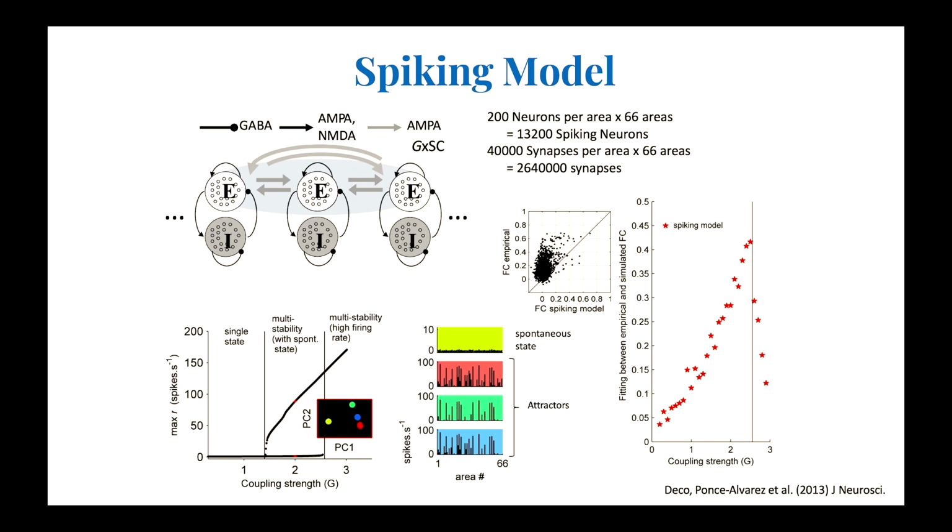And then if you change the coupling strength to higher values, the neurons start producing a very rich landscape, showing high firing rates or low firing rates, which is typically observed in brain data.